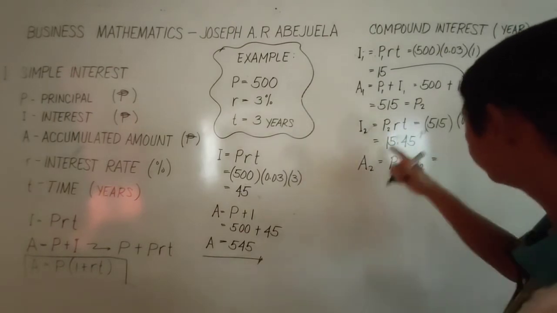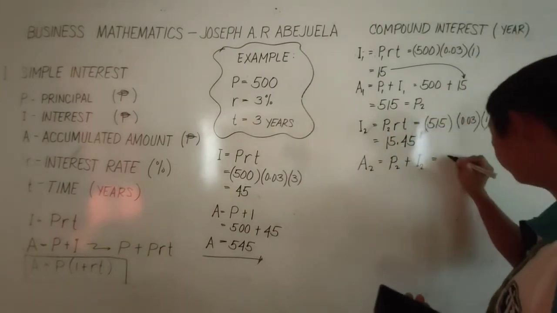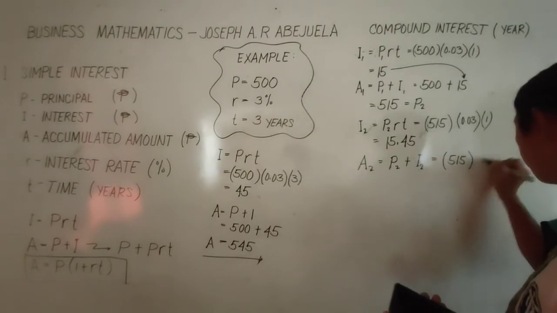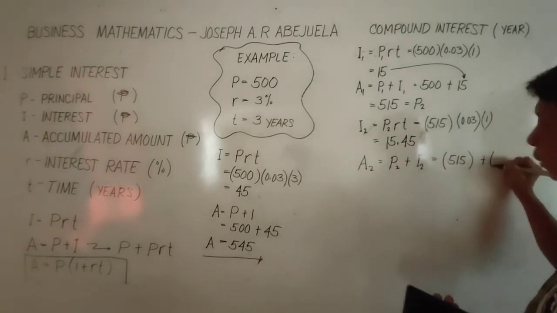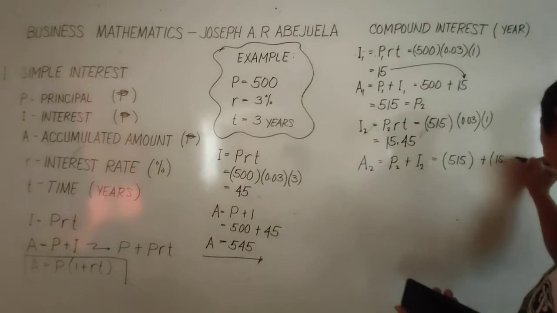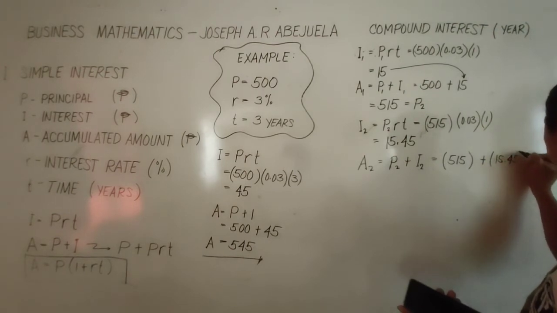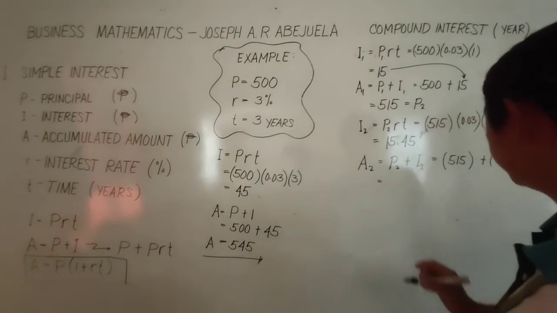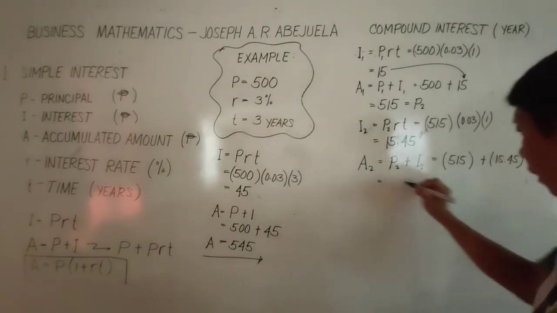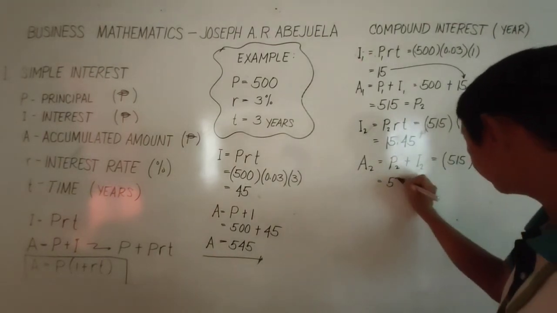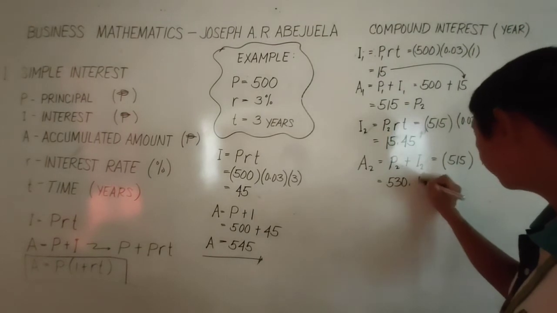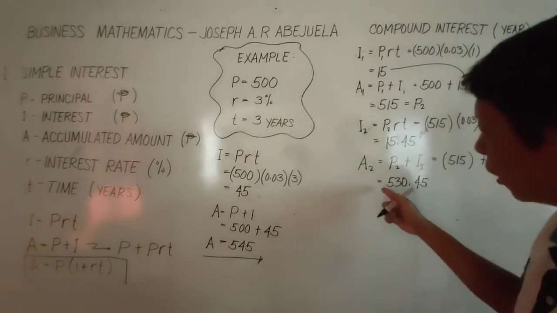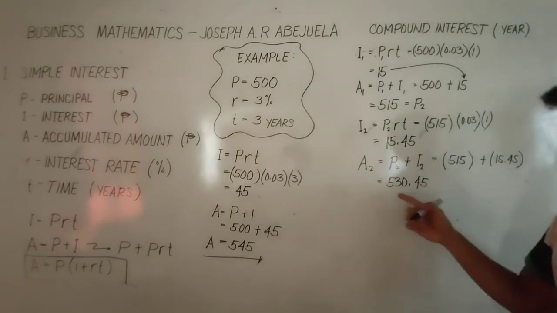So we have P2, 515, plus I2, which is 15.45. So we have an accumulated amount for the second term equal to 530.45. So this is the accumulated amount at the second term.